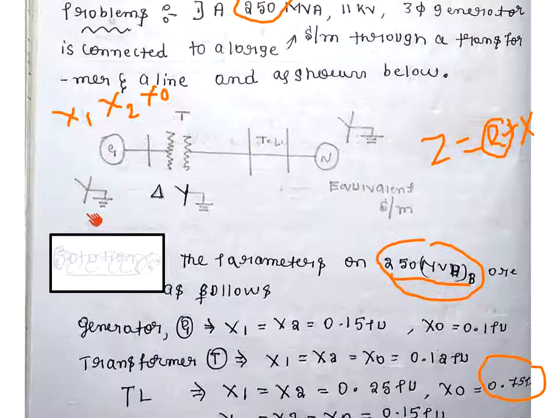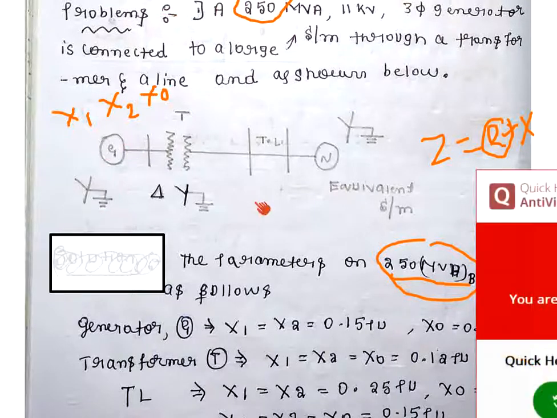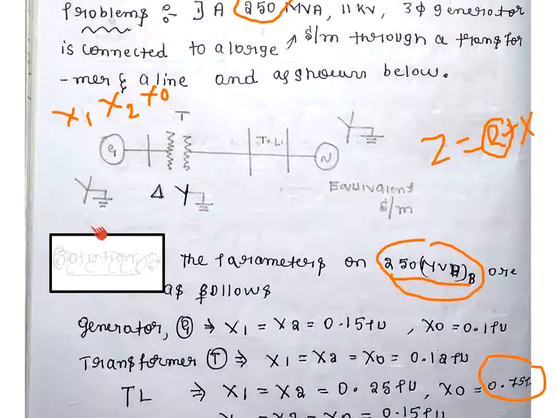Here, you need to draw a diagram for each sequence individually. You can call it an impedance diagram or a reactance diagram. The values have been given directly in pu, per phase, with the common base MVA of 250 MVA. No need to convert again, right?